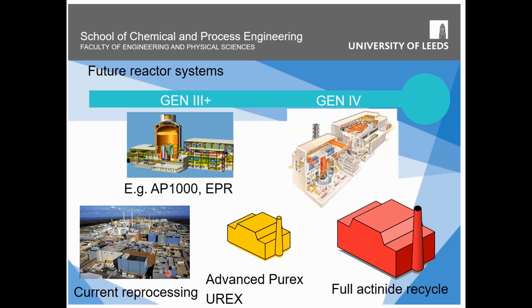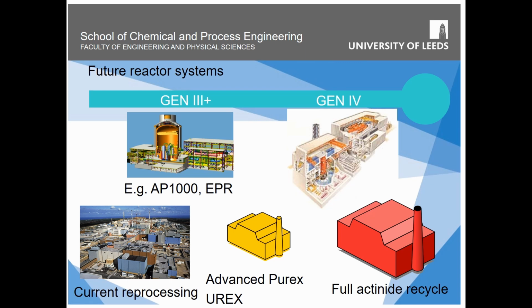So the French operate a large reprocessing complex at Cap La Hague. There's a picture of it there. And they've got modified reprocessing plants that can take different types of fuels from these reactors. And we're working on R&D programs in the UK, Leeds is part of that, where we're looking at advanced processes so that we may be able to have different types of products and different types of fuels in the future.